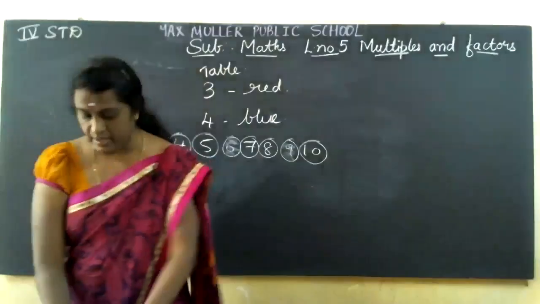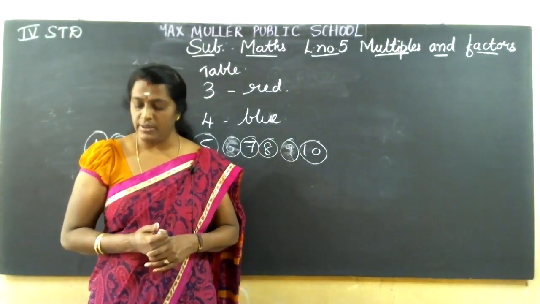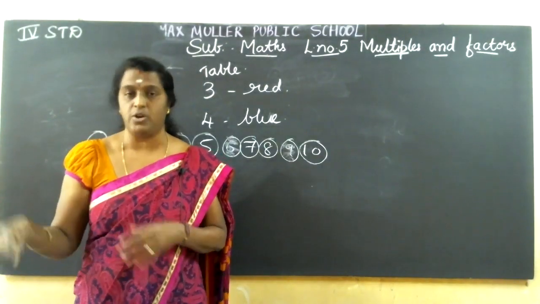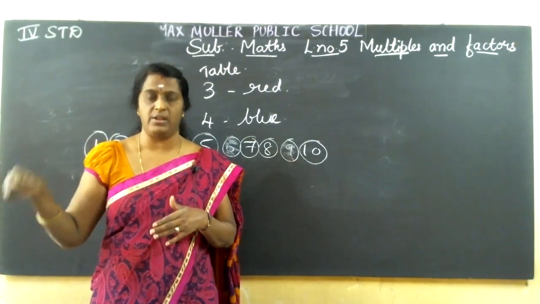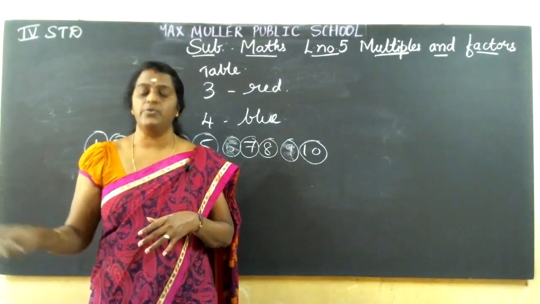Down on page number 151, write the multiples of 3 and 4 in the given blanks. Multiples of 3: 3, 6, 9, 12, 15, like that up to 30. The 4 table, write up to 40.